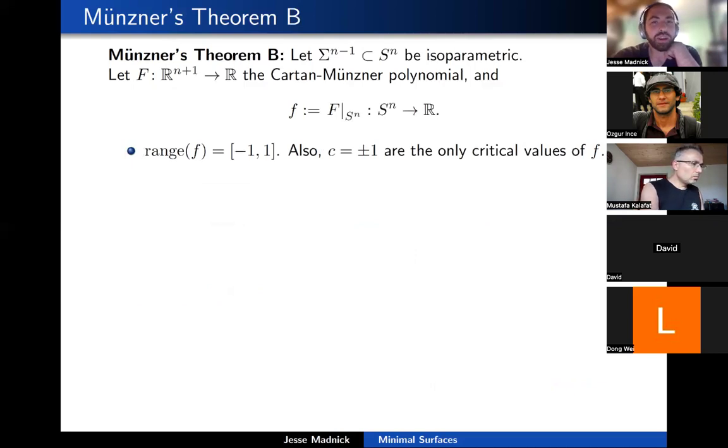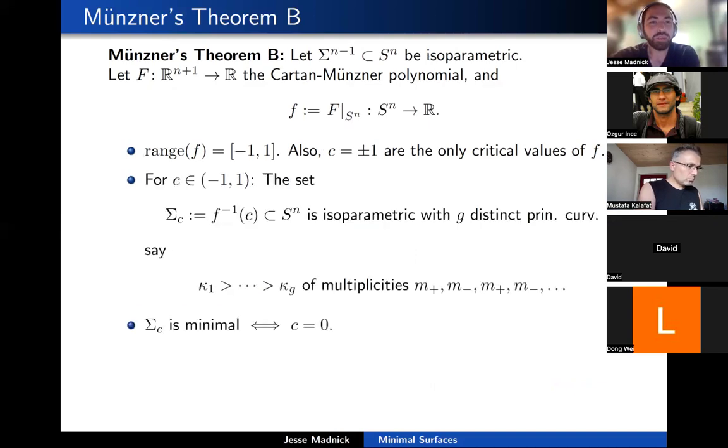We talked about how if little f denotes the restriction of the polynomial to the n sphere, then the range of little f is the closed interval [-1, 1], and the endpoints are the only critical values. Moreover, all of the level sets with height in the open interval (-1, 1) are isoparametric hypersurfaces with the same number g of distinct principal curvatures.